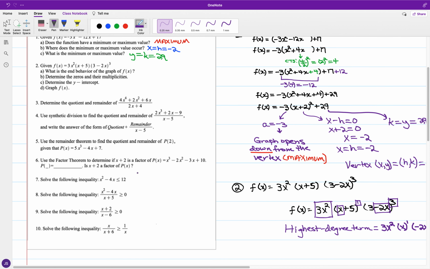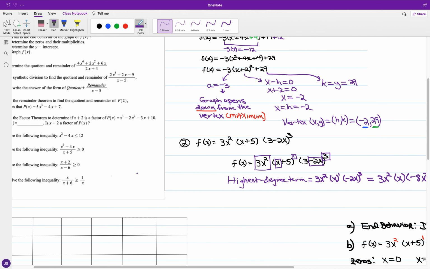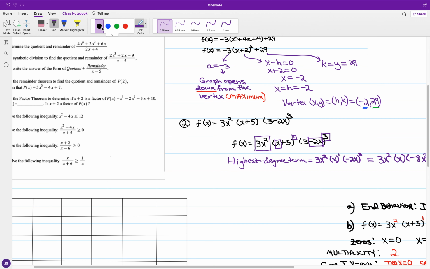In the setup for number 3, we have 2x plus 4 and 4x to the 4, 2x squared, 6x.